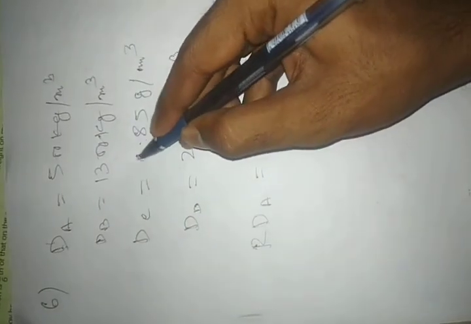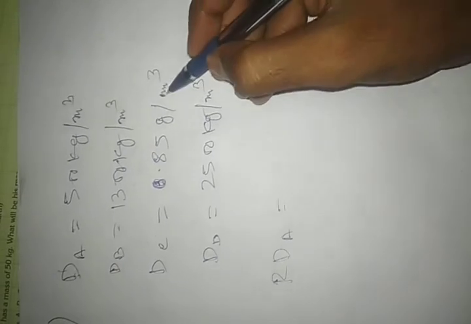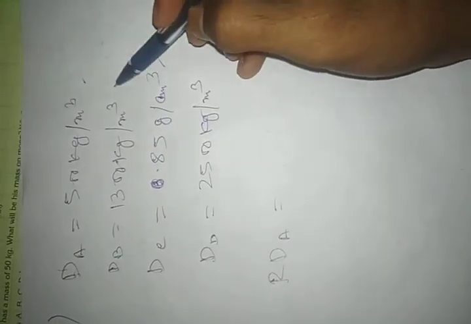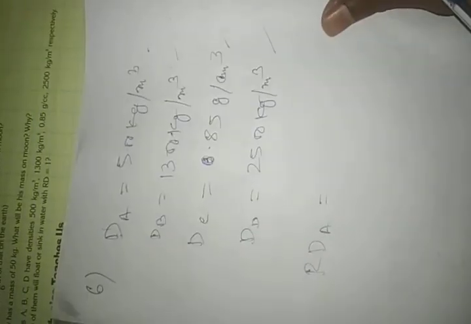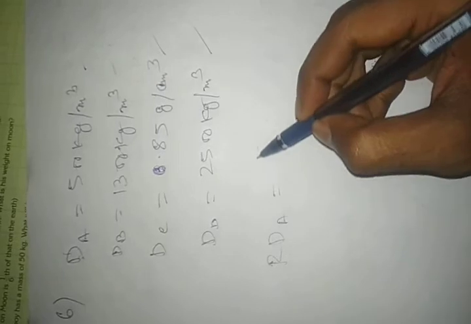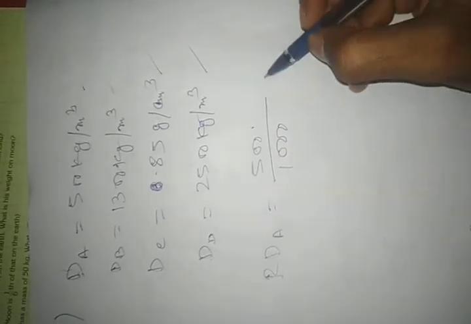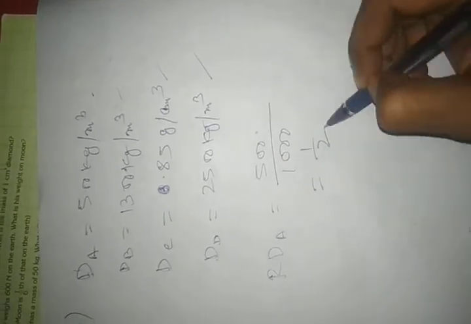You have to find out the relative density. Relative density means you have to divide the density by the density of water, but you have to check what process you are following. This is CGS process, this is SI process, this is SI process, this is SI process. If the density is in SI, you have to divide it by 1000 to get the relative density. So A becomes 0.5.